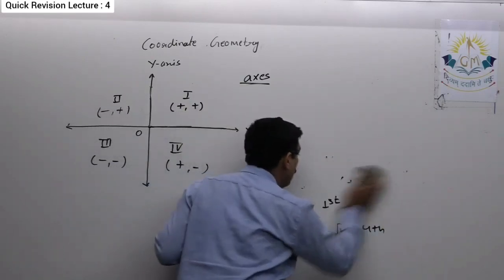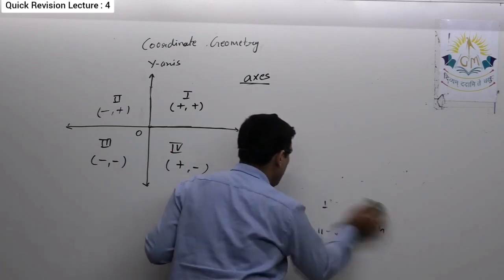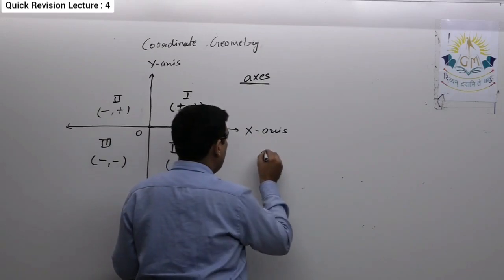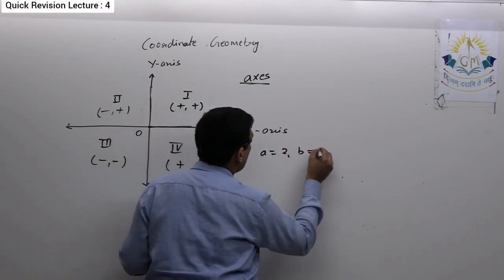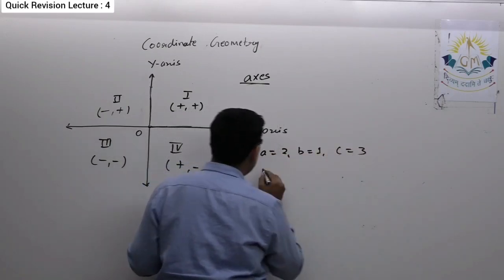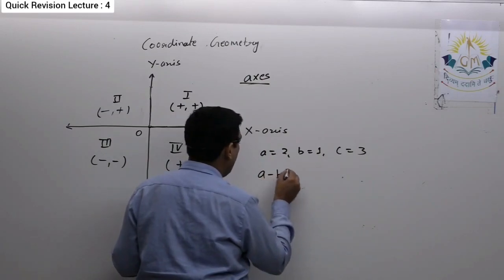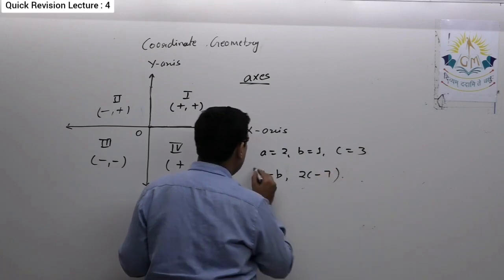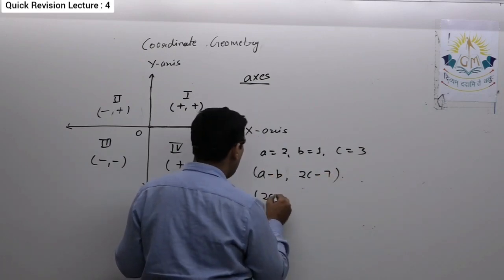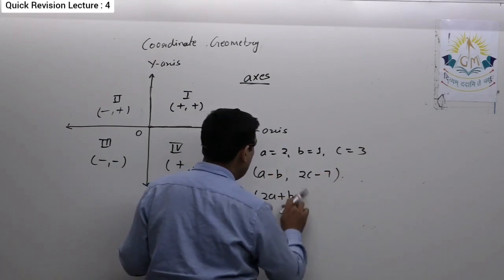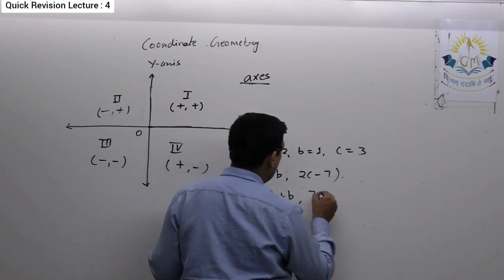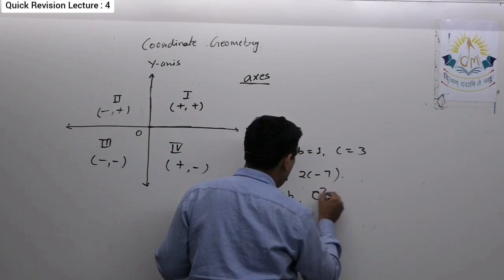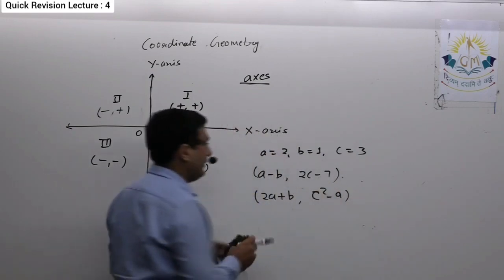Now another way to ask the same thing is this. Suppose they give you a equal to 2, b equal to 1, c equal to 3. Then in which quadrant will a minus b, comma 2c minus 7 lie, or 2a plus b, comma 7 minus c square minus a lie.